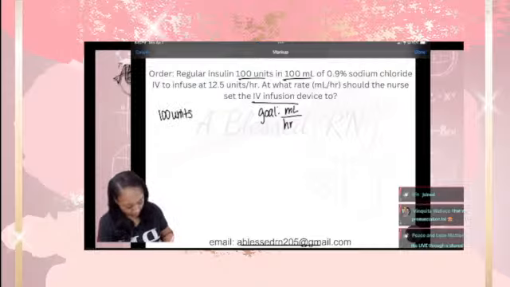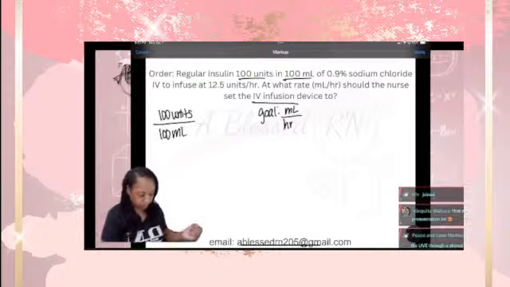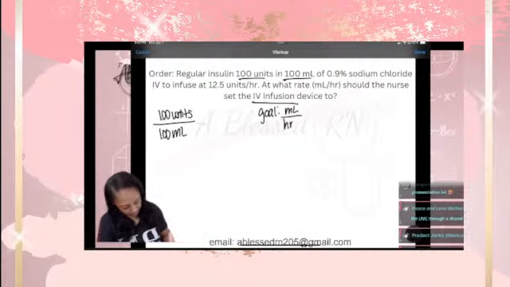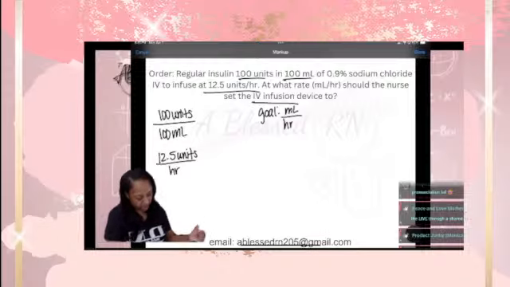We can flip flop it if we need to for it to fit our puzzle, but you don't separate it, okay? So then we've got it's infusing at 12.5 units per hour. And that's all the relationships we have, and it's just asking us a question now, milliliter per hour.